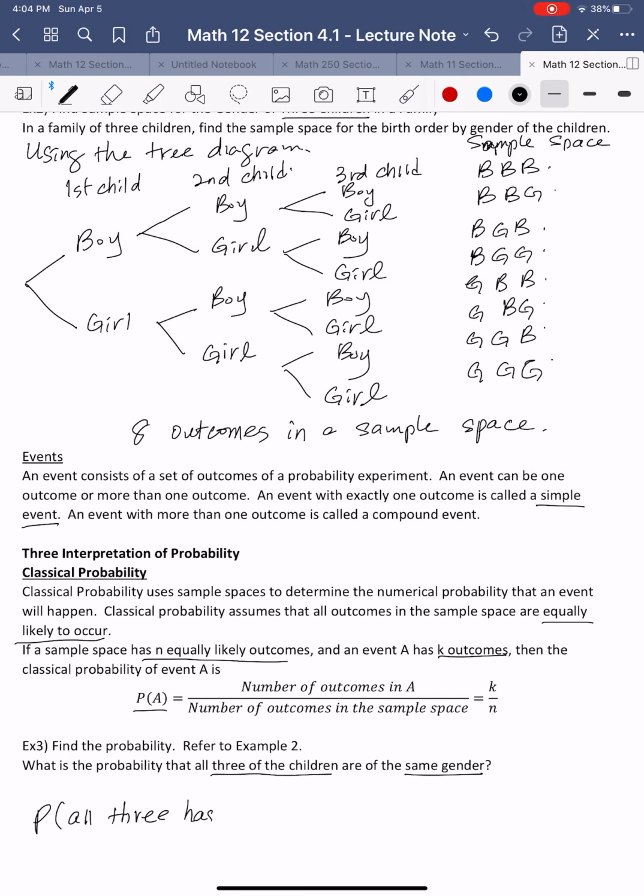There are 8 outcomes, but the event is that all 3 must be the same gender, which means there will be boy, boy, boy, and girl, girl, girl. So there will be 2 out of 8, which is 1/4. Okay, let's look at the next problem.